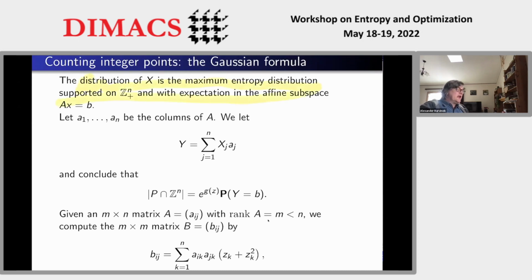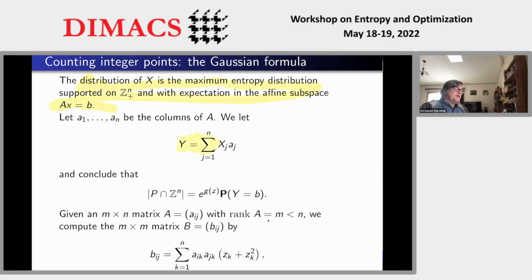So basically we are looking again at the distribution of maximum entropy among all those supported on non-negative integers with given expectation and given an affine subspace. And then we can pull the same trick again, except that we don't have this mighty machinery of log concave functions, but we can still hope for a central limit theorem.